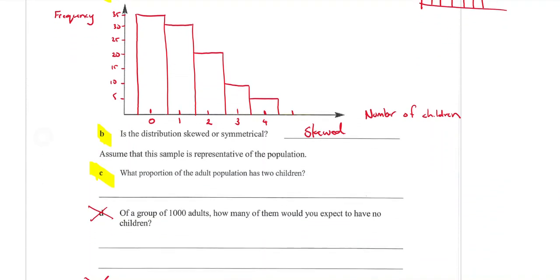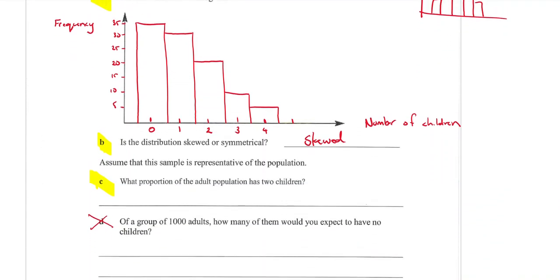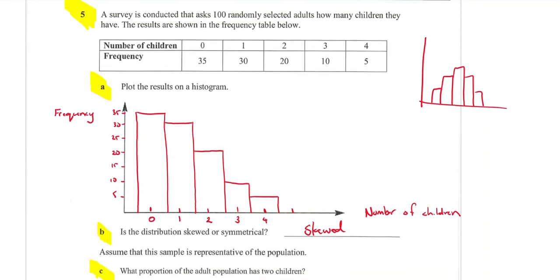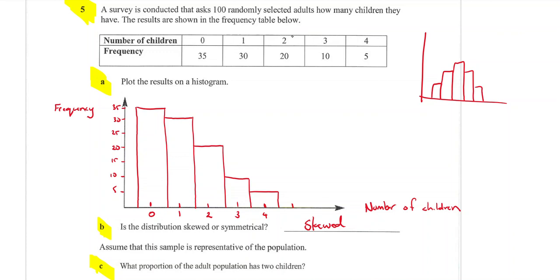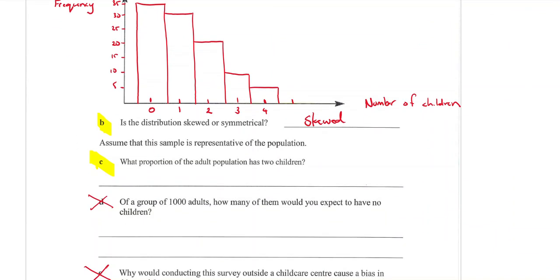Part C, what proportion of the adult population has 2 children? So we could use the table or the graph. 2 children is here. There were 20 people that had 2 children. But I need this as a proportion. What does a proportion mean? A fraction. What's the bottom number of my fraction going to be?